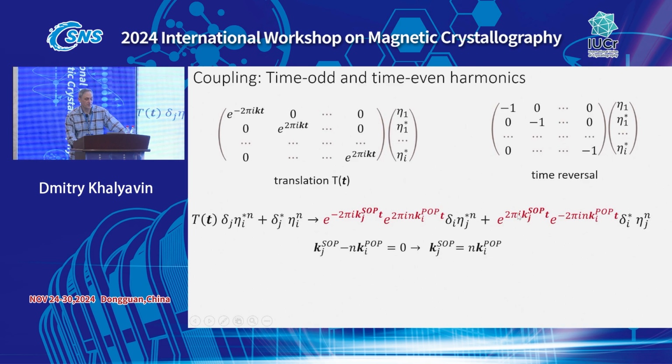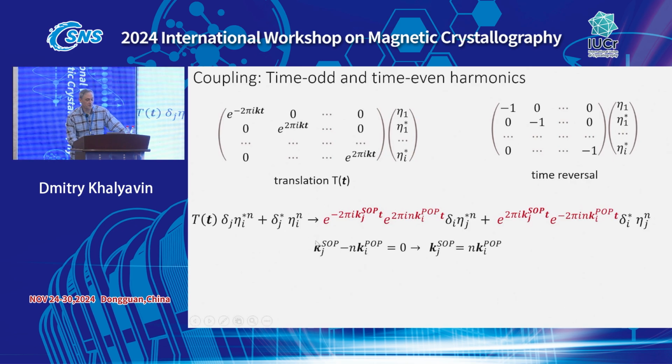And now we need to make sure that this whole expression is invariant. So basically this product of phase factors has to be 1, because before transformation and after transformation, this coupling term should look exactly the same. And that imposes a condition for the modulation of our secondary distortion.